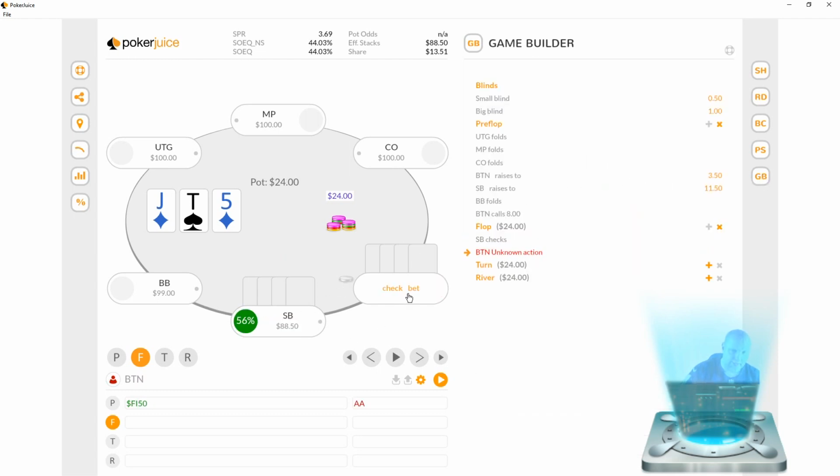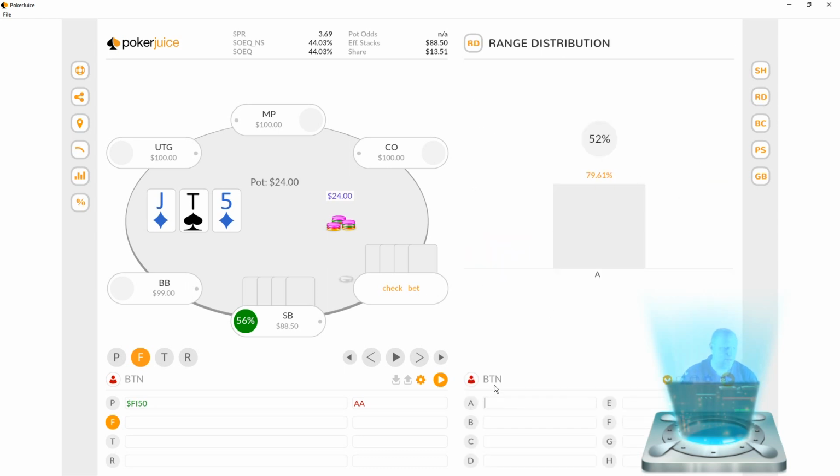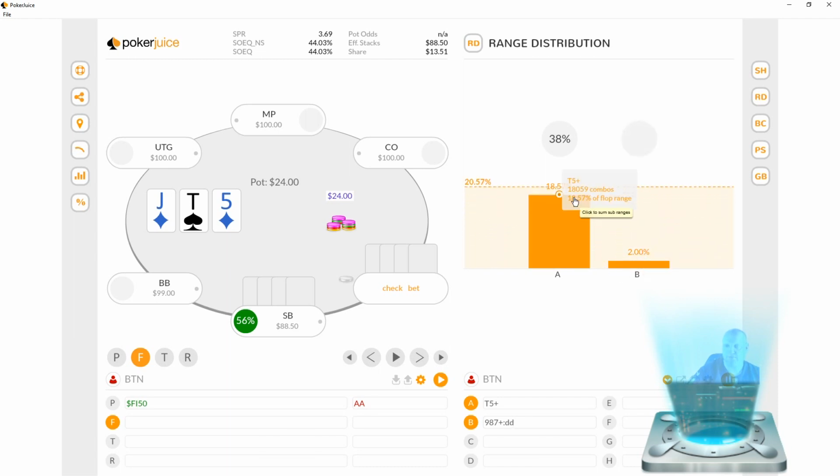Now probably the button is going to bet any 10-5 plus for sure, 2 pairs or better, and he would probably bet wraps with a flush draw. And that's around 20% of his range. So 80% of times he's going to check back. So once we check, we will often see the turn.